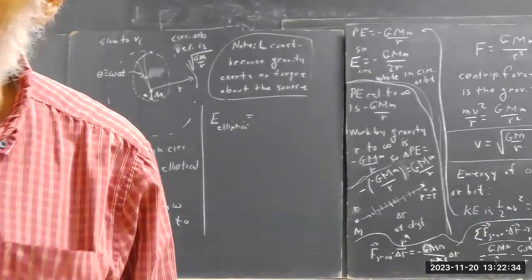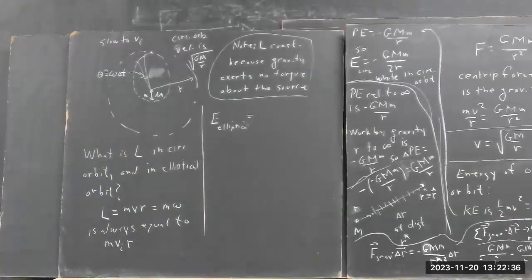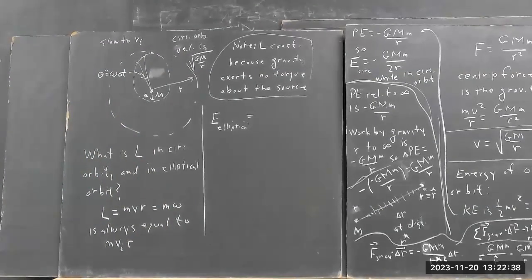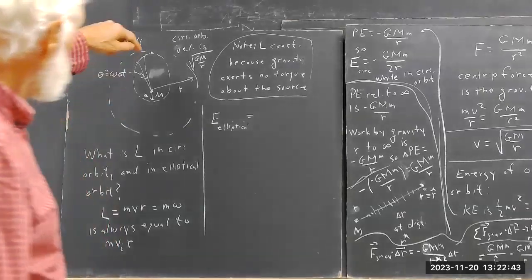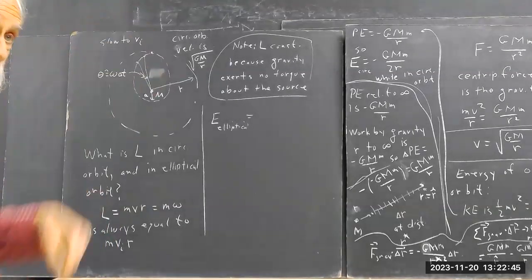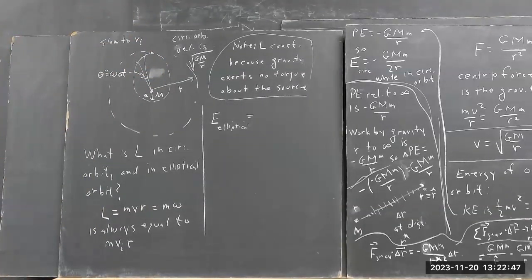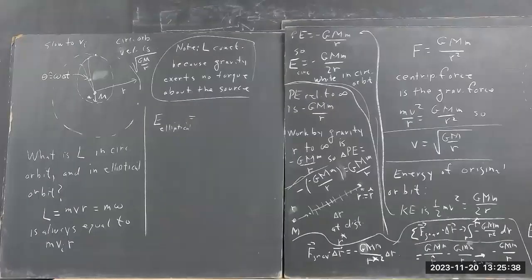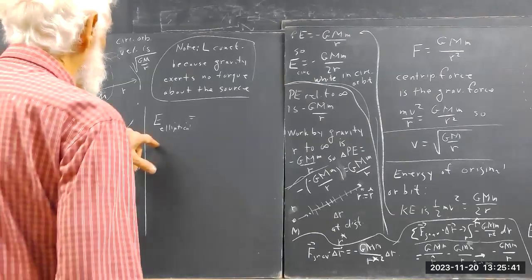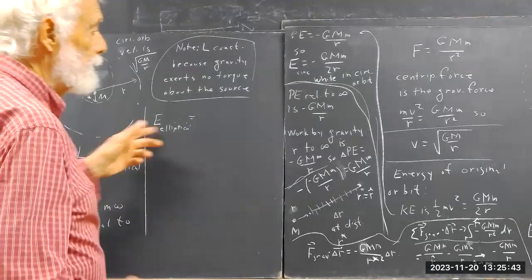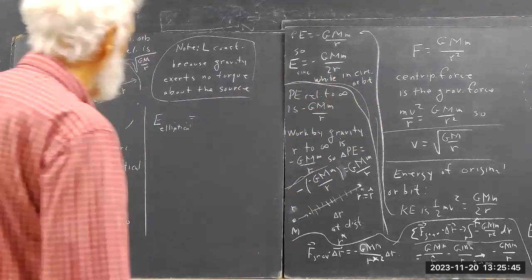The total energy of the elliptical orbit. And I would say, find the energy of the elliptical orbit at this point. Okay, so the energy of the elliptical orbit isn't the same as for the circular orbit.